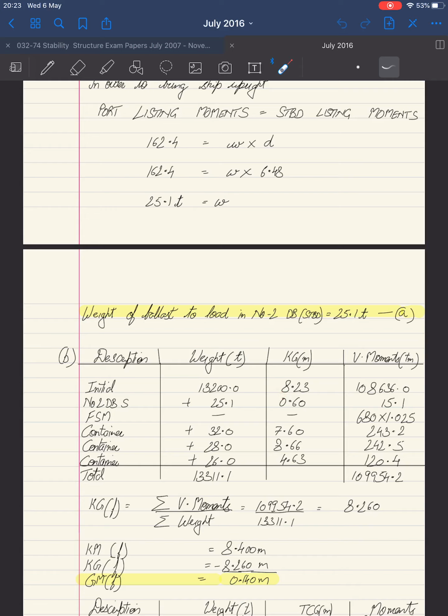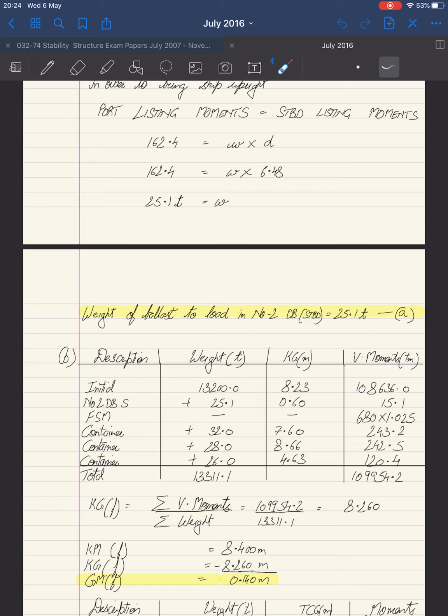So we get the vertical moments by multiplying weight times the KG. Now, number 2 DB tank starboard was loaded with 25.1 tons, which we have got from here. And the KG of the tank from the hydrostatic data has been obtained as 0.60 meters. So the vertical moments we have got is 15.1 tons meter, obtained by multiplying these two values.